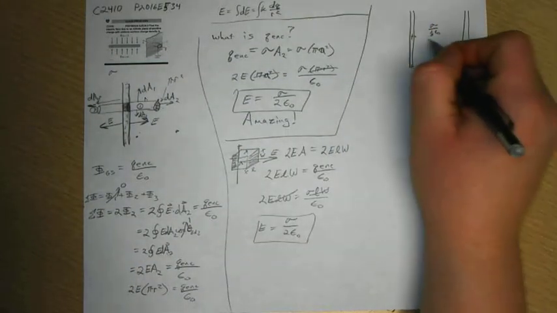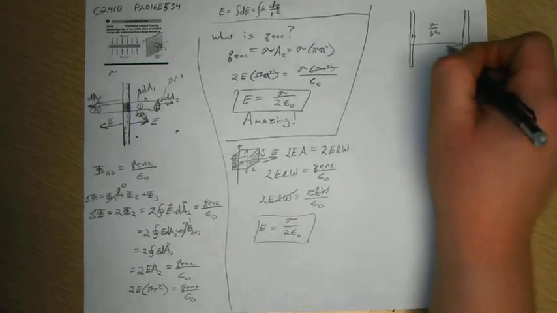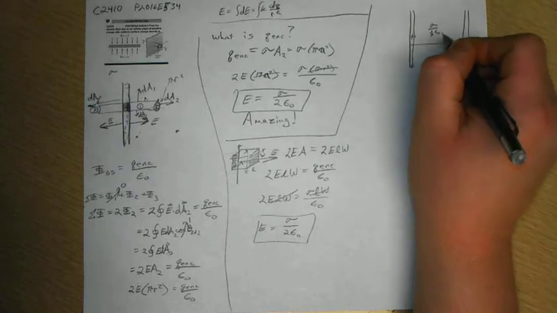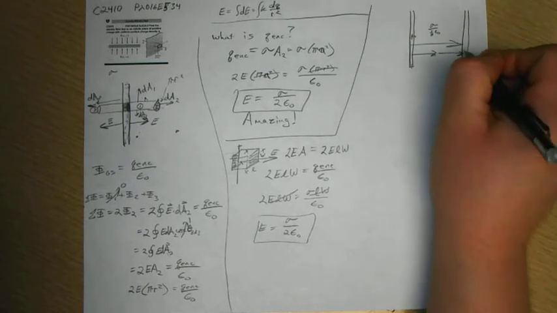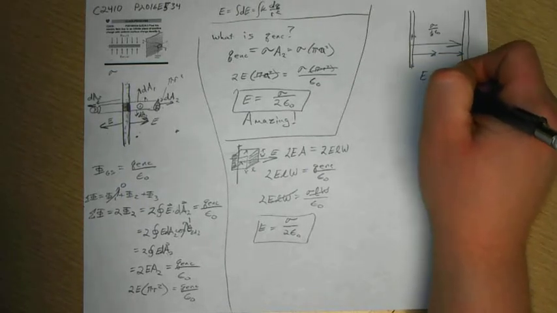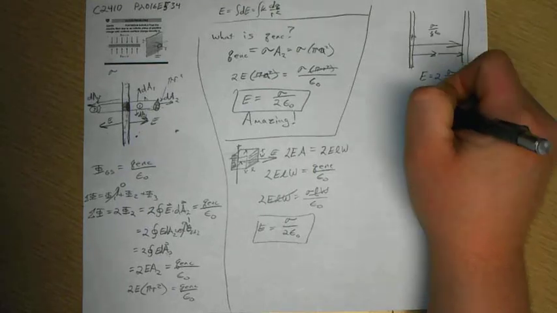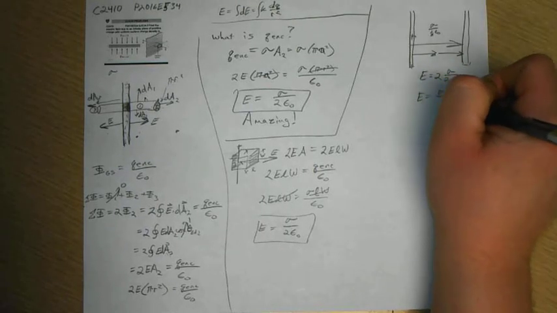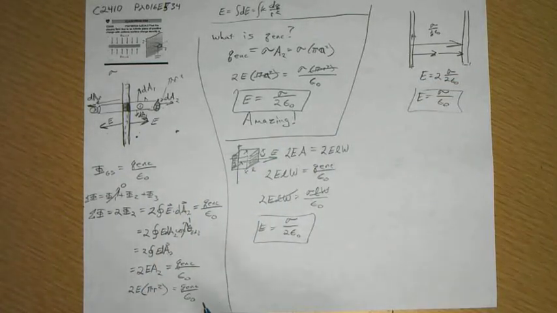But because this is negatively charged and this is positively charged, the electric field points from one side to the other. They both contribute. This electric field consists of the field from this one and the field from this one. So basically, the electric field here is going to equal 2 times sigma over 2 epsilon naught, or just sigma over epsilon naught. And that is the electric field of a parallel plate capacitor.